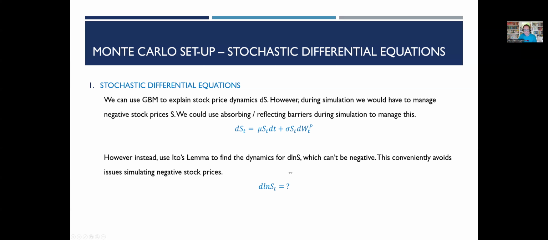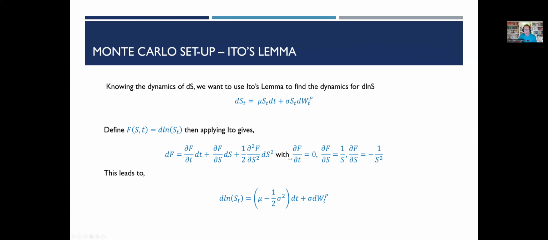So let's go. We're going to apply Ito's lemma to the geometric Brownian process. Knowing the dynamics for dS from Brownian motion, we want to use Ito's lemma to find the dynamics for the log of the stock price. The way we do that is we define a function f, which is sensitive to S and t, and we define that as the log of the stock price.